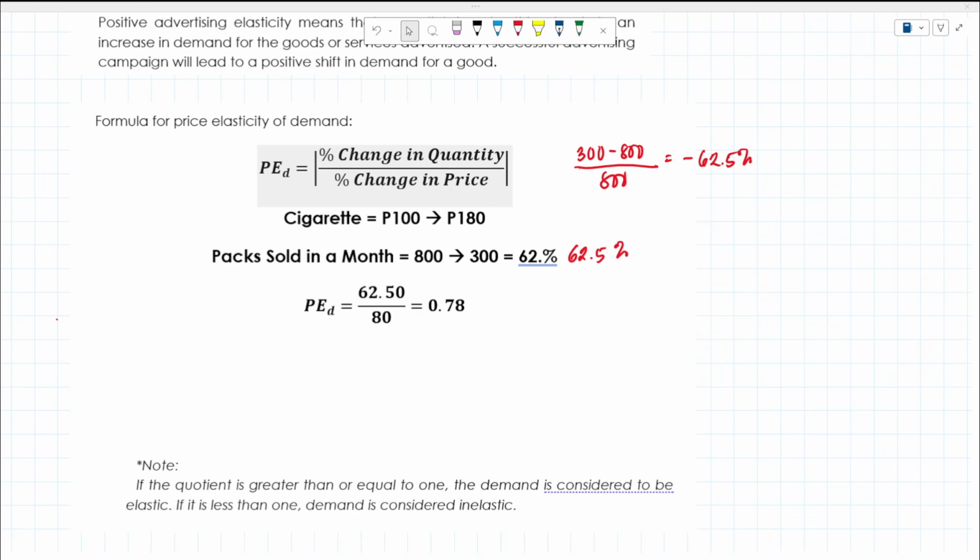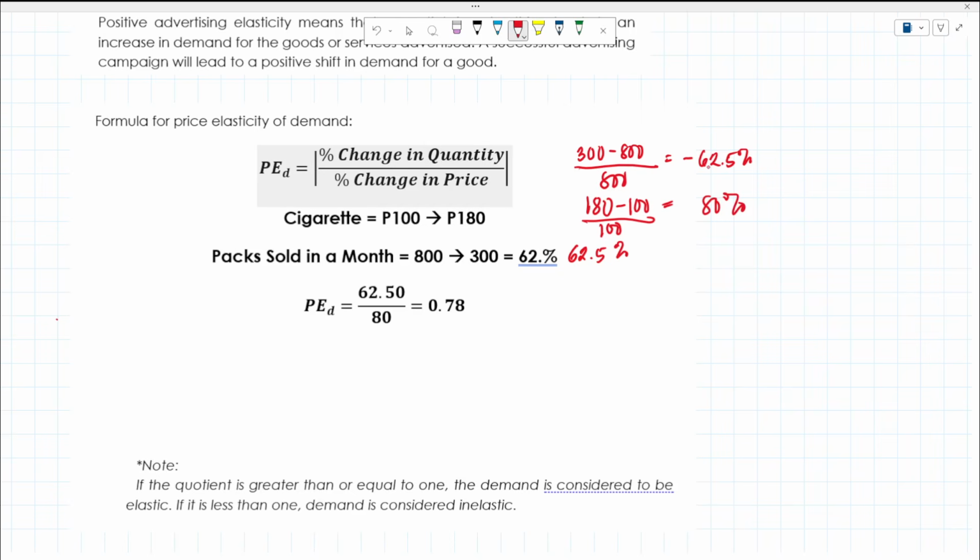For the pricing part, that would be 180 minus 100 divided by 100, and that will give you 80%. So that's the current price minus the old price divided by the old price.